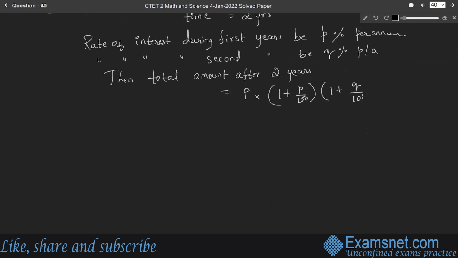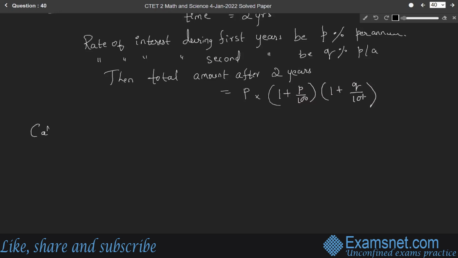This formula may similarly be extended for any number of years. Here in the above question, the time period is 2.5 years.